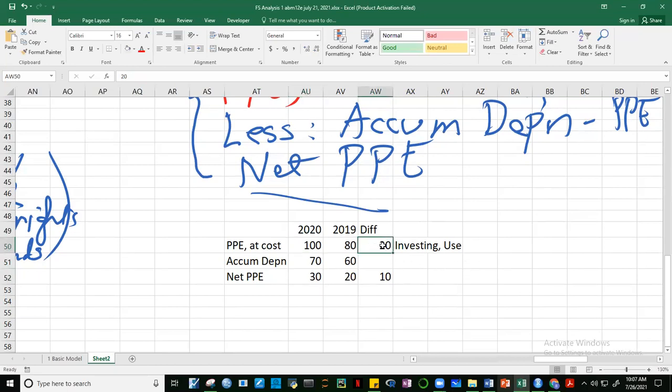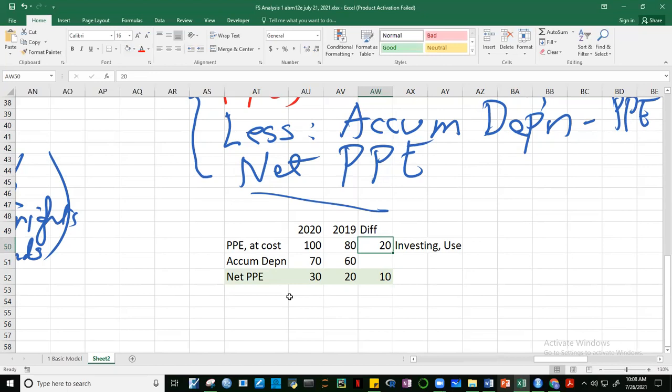Kaso, ang ginawa natin, guys, sa balance sheet kasi natin, ito lang yung pinakita eh. So ang na-pick up lang natin itong 10, when in fact, it should be 20. So yun ang problema natin, kasi hindi natin alam kung magkano yung at cost. Hindi binigay sa atin. So that's where the discrepancy lies.